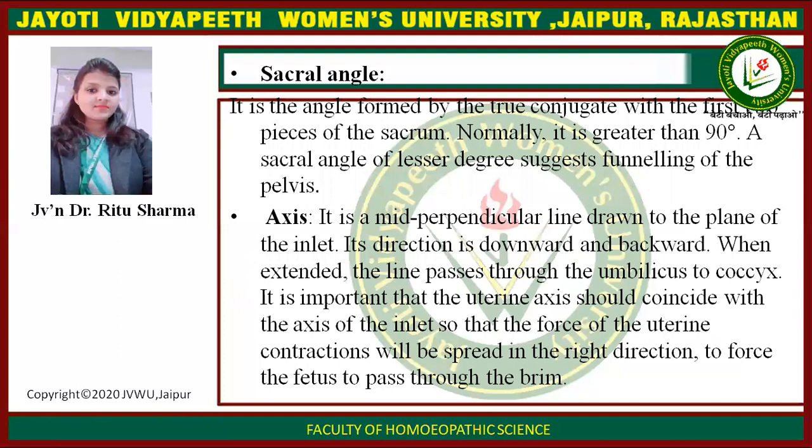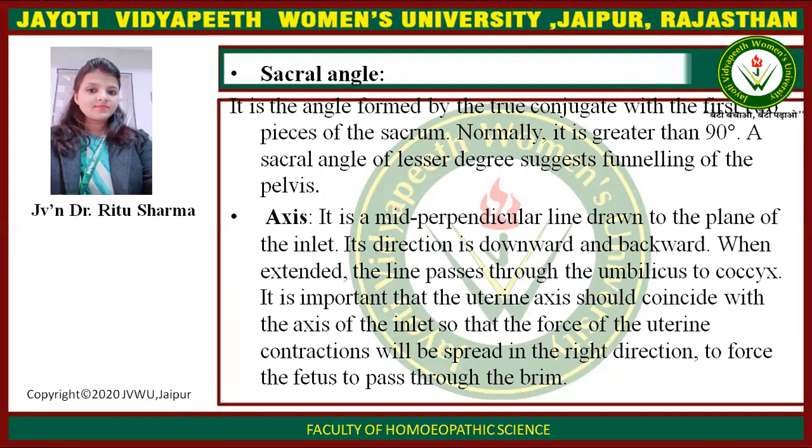Sacral angle: it is the angle formed by the true conjugate with the first piece of the sacrum. Normally, it is greater than 90 degrees. A sacral angle of lesser degree suggests a forward tilting of the axis. Axis: it is a mid-perpendicular line drawn to the plane of the inlet. Its direction is downward and backward.